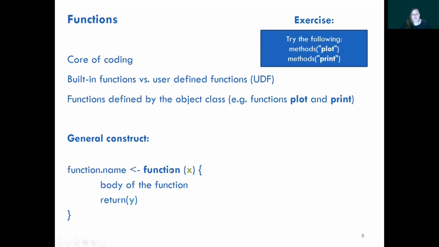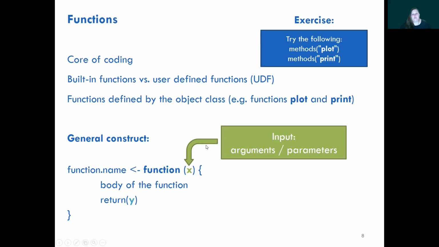After the word function, you use the parentheses and specify the input of the function. These are all the arguments and parameters that you are providing to the function, which are then used within the function. Then you have the curly braces at the beginning and at the very end.